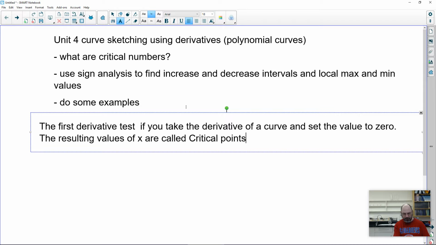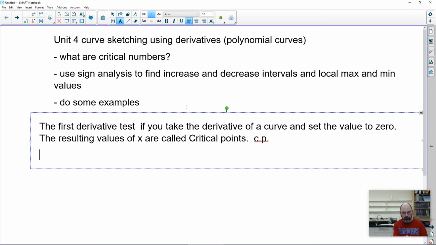I just call that CP for critical point. That's what a critical point is. Remember that the first derivative represents slope.